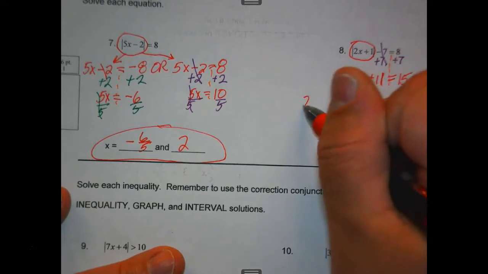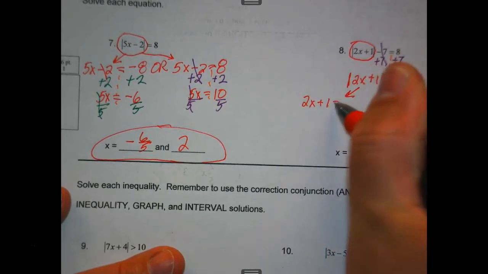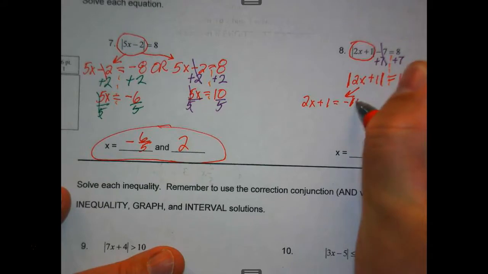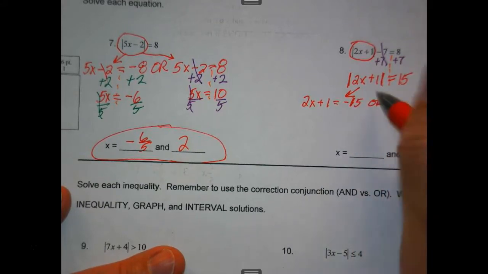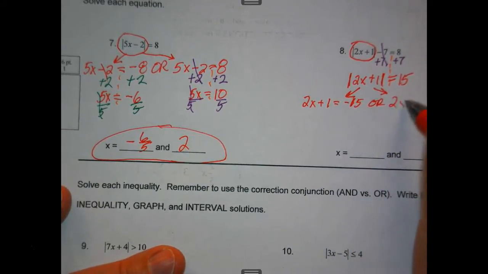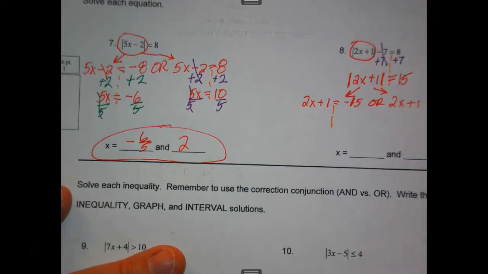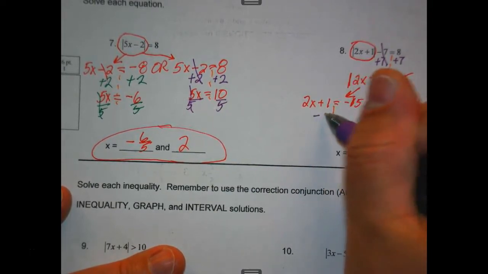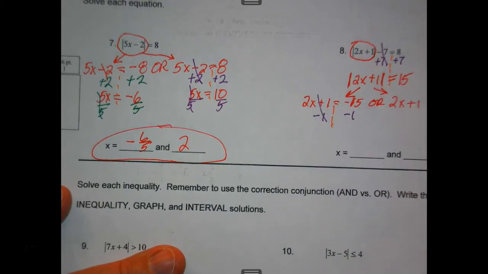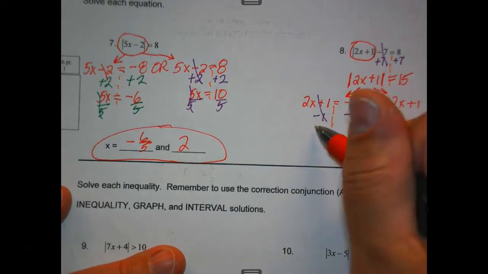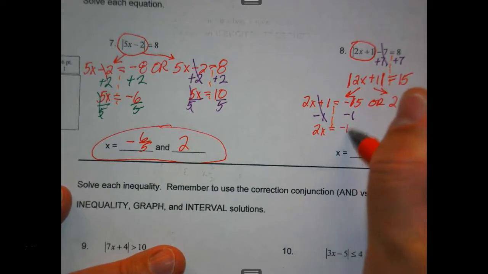So 2x plus 1 equals negative 15, or 2x plus 1 equals positive 15. Solve each one of these. Subtract 1, 2x equals negative 16.